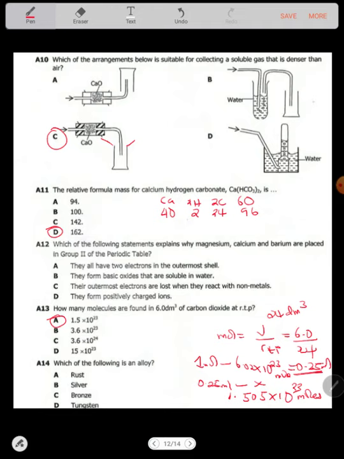Examples of alloys are bronze and brass. These are the most common ones. Oh, here it's supposed to be A.